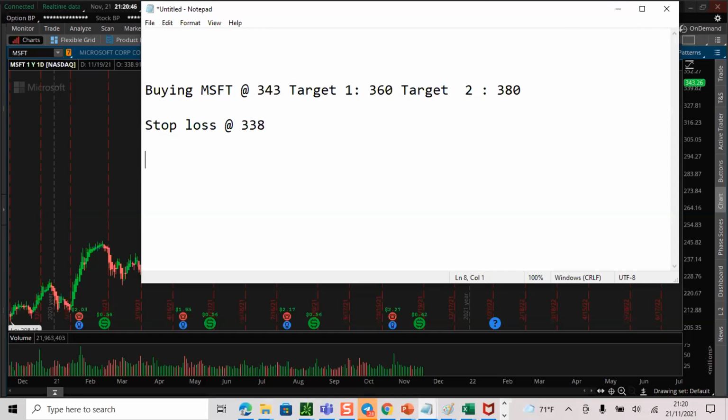Just $5, I don't want to give more. $5 risk to make $17, right? This is almost a 1:3 risk to reward ratio.